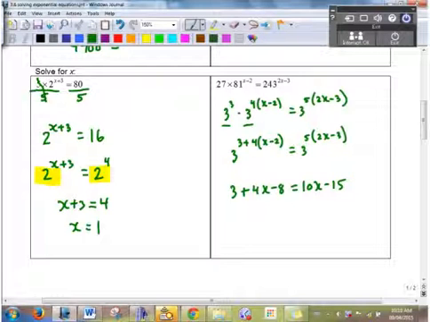Collect your x's. Collect your numbers. I usually like my x's to be positive, so let's minus 4x on both sides. Yep. Okay, and let's bring all the numbers then to the left. So that is 15 minus 8, which is 7, and 3, which is 10.